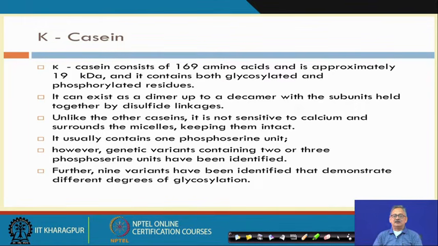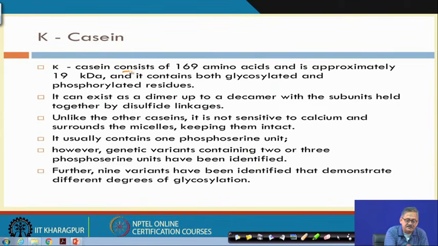Now, what is remaining is kappa casein. Kappa casein consists of 169 amino acids and its size is approximately 19 kilodalton.